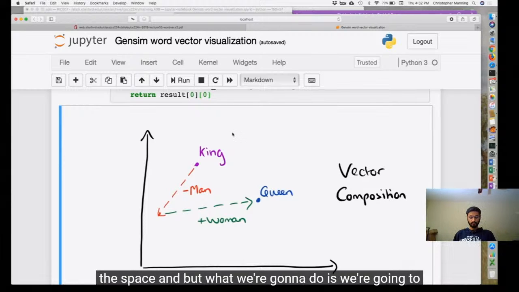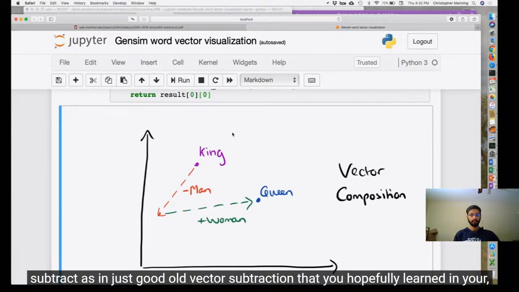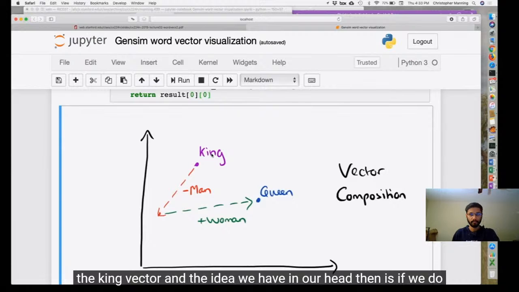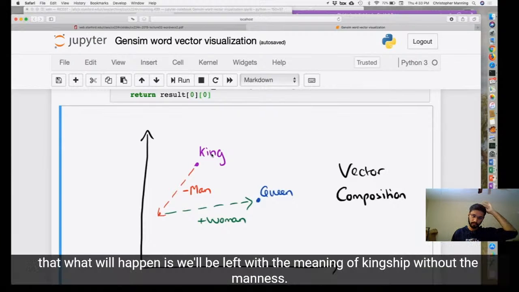What we're going to do is subtract, just good old vector subtraction that you hopefully learned in your linear algebra class. We subtract the man vector from the king vector. The idea we have in our head is that if we do that, we'll be left with the meaning of kingship without the manness.